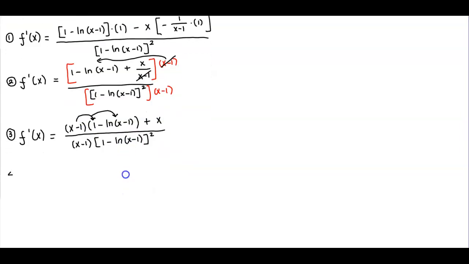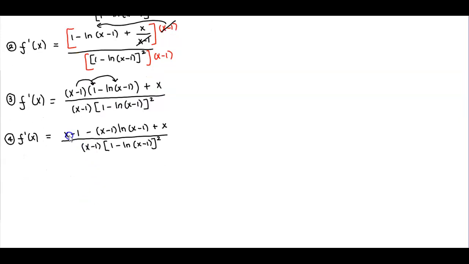So we have f prime of x, which is going to equal x minus 1 minus parentheses x minus 1 times the natural log of x minus 1, plus x, all over x minus 1 times 1 minus the natural log of x minus 1 squared.